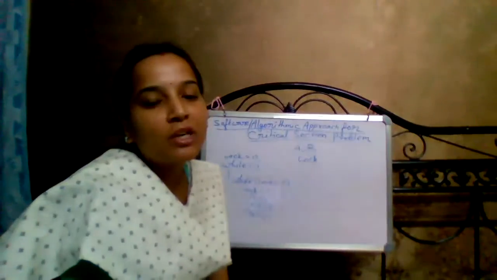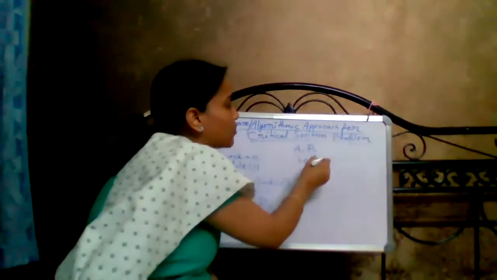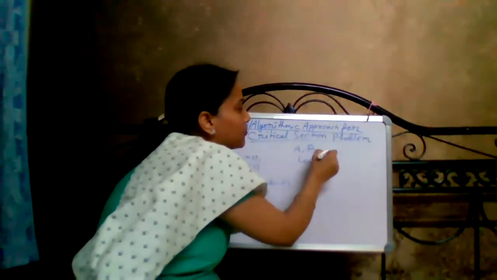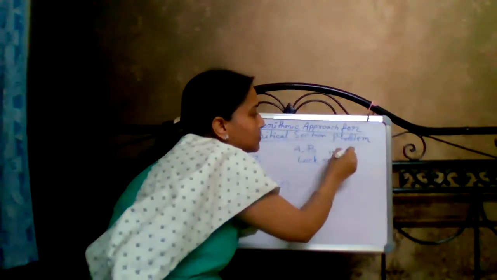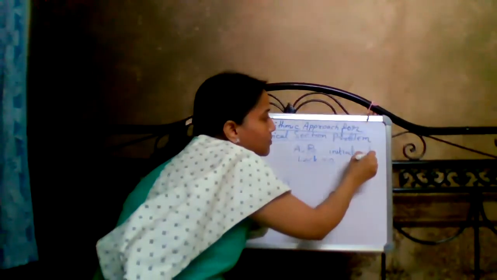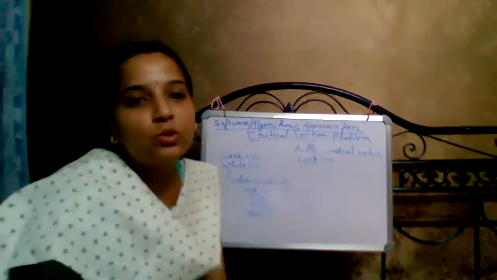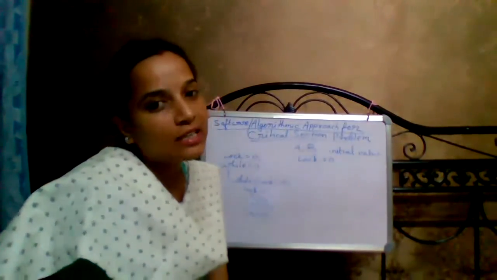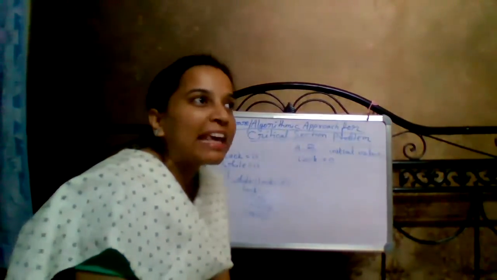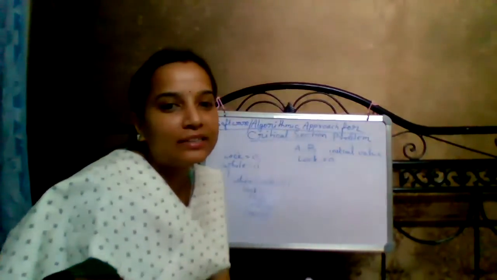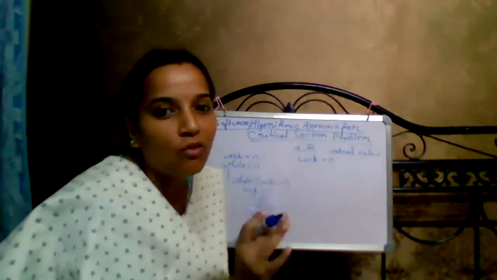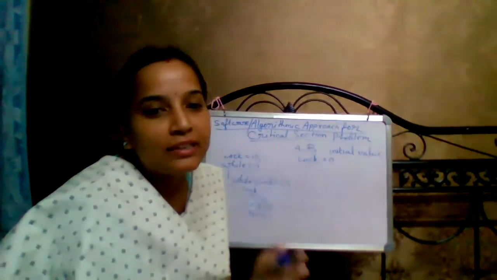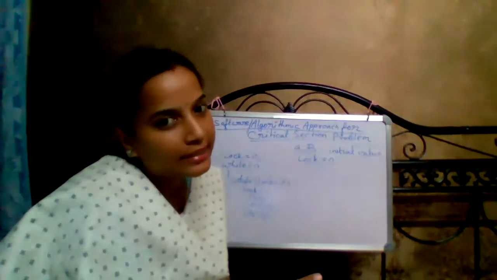That variable initially is equal to 0. Initial value of lock is 0. So when any process wants to enter its critical section, it first changes the value of lock to 1, then it will enter its critical section.